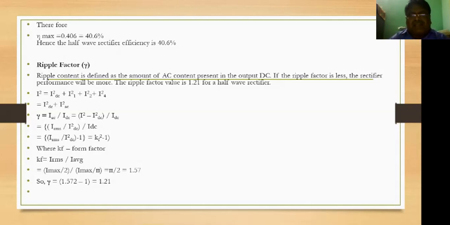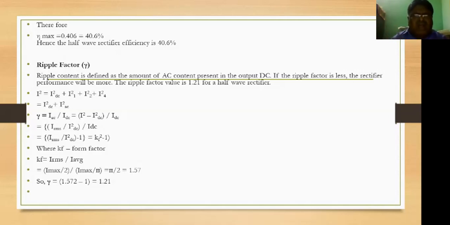Next, the ripple factor of the half-wave rectifier. The ripple factor is always represented with the letter gamma. Definition: ripple means noise. Ripple content is defined as the amount of AC content present in the output DC. If the ripple factor is lesser, the performance will be better.